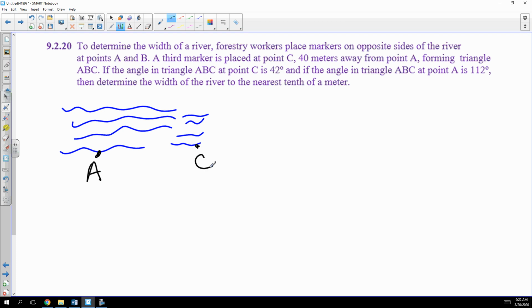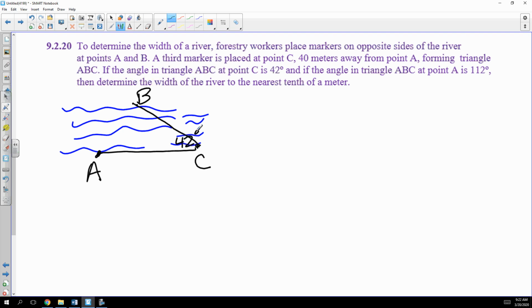We don't know where B is, really. It doesn't say that B is directly opposite angle A, so I'm just going to put B right here. If the angle at point C is 42 degrees, so I'm going to say this angle is 42 degrees.